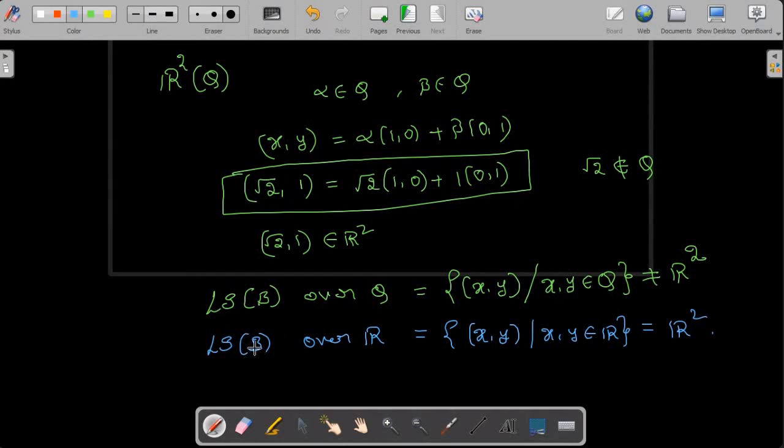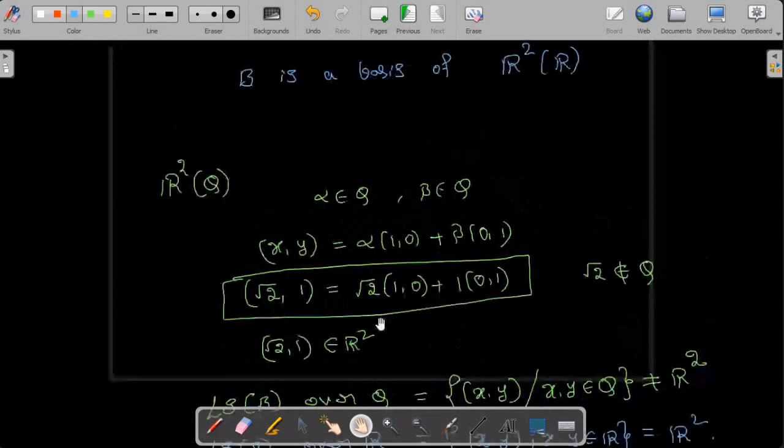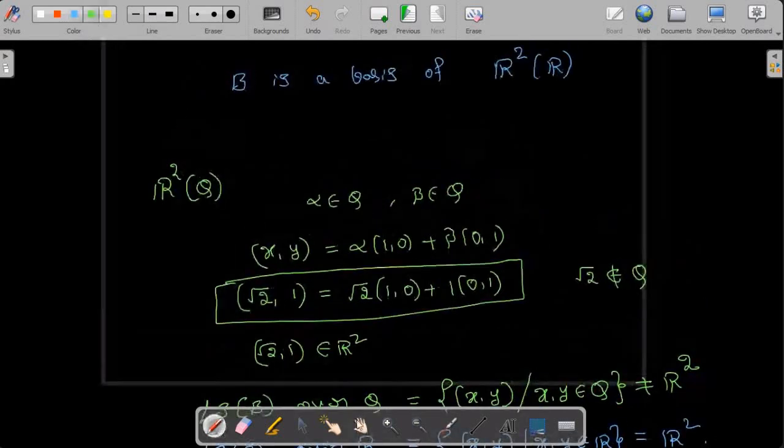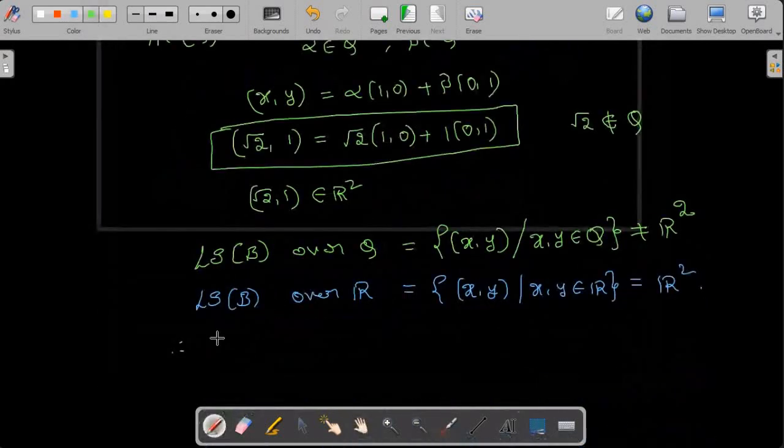So now I can say that this set B is a basis set for R2 over R, but B is not a basis set for R2 over Q. So clearly concluded here.